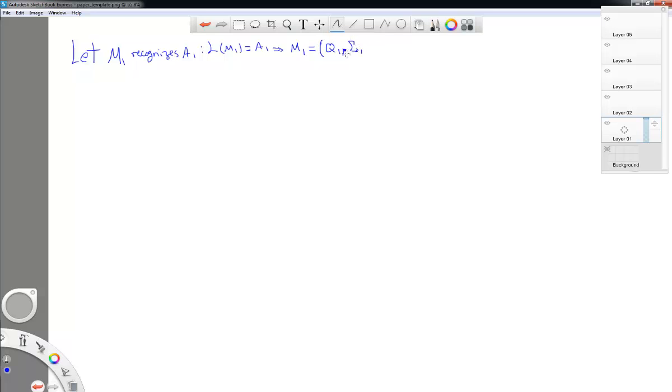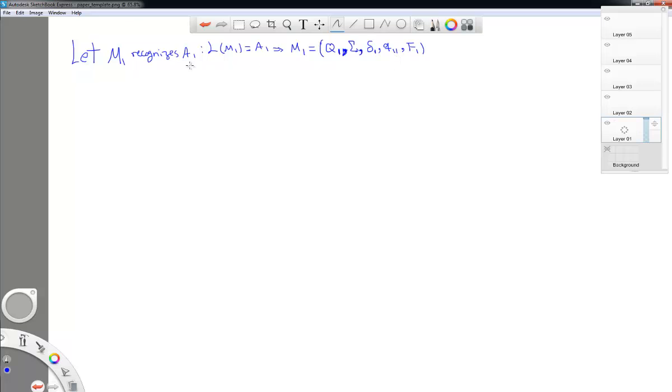For simplicity, we'll consider the sigma for both automata to be the same. Makes my life easier, but if the two sigmas are different, for the final automaton we just union the two sigmas. And then we call this delta sub 1, and let Q sub 1 1 be the start state of this one, and let F sub 1 be the accept states of the first automaton. Okay, so this is how my first automaton would look.